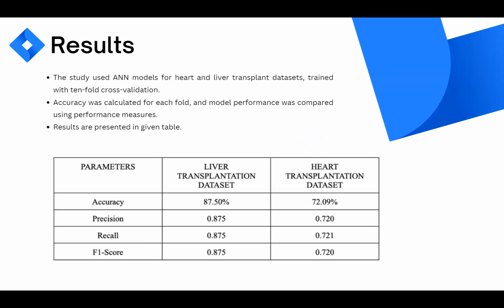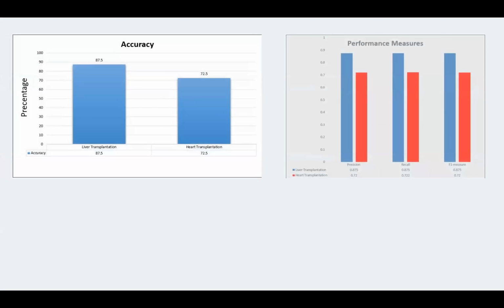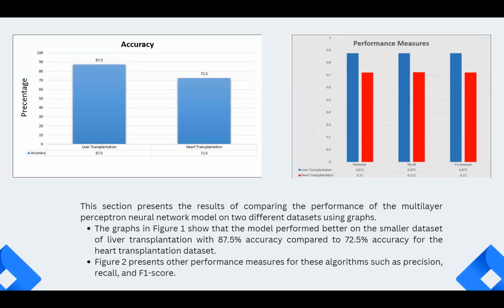In the study of ANN models for analyzing the heart and liver transplant data set, training via 10-fold cross-validation, accuracy was determined for each fold, and each model's performance was compared utilizing performance metrics. For the results, comparative graph performance measures are drawn.